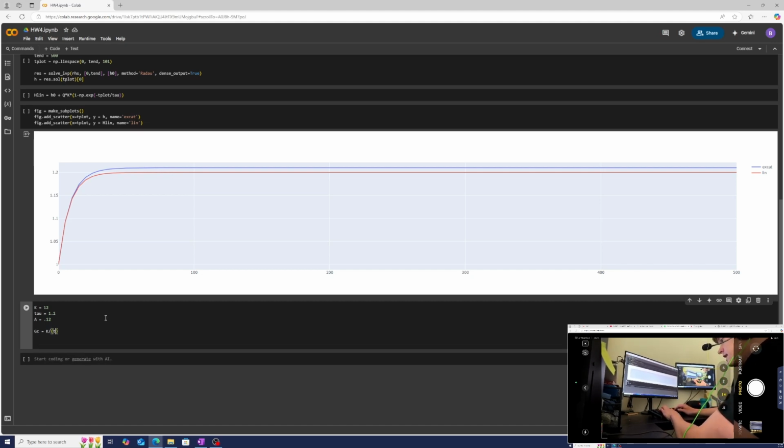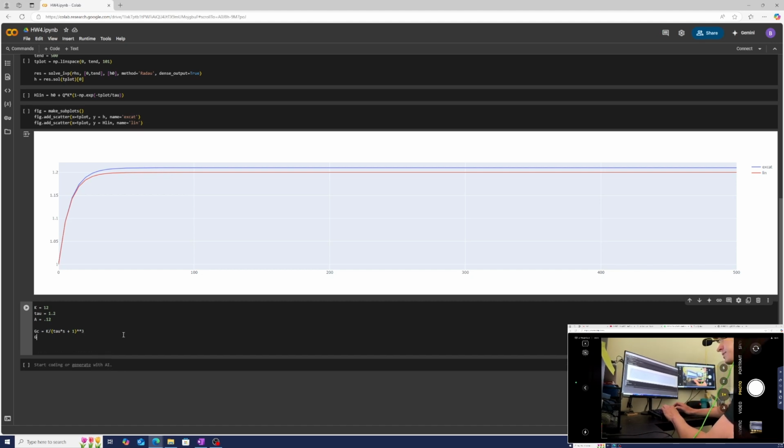Our GC is going to be our process transfer function, which is k divided by (tau times s plus 1) cubed, and then our GP in this case is just going to be equal to our kc value, which we will call 0.5 for now, which should be below our stable limit.